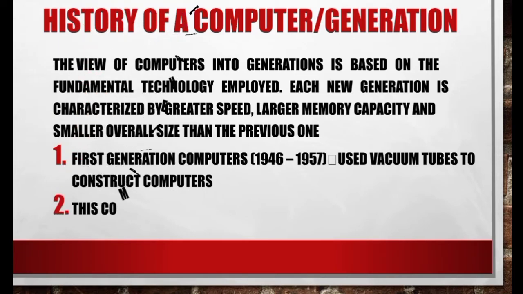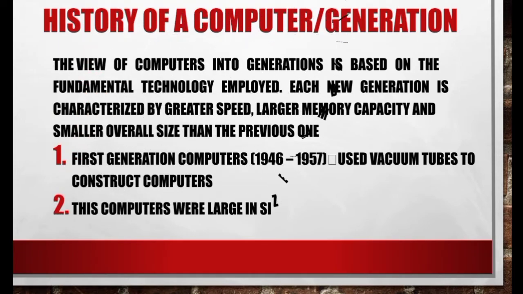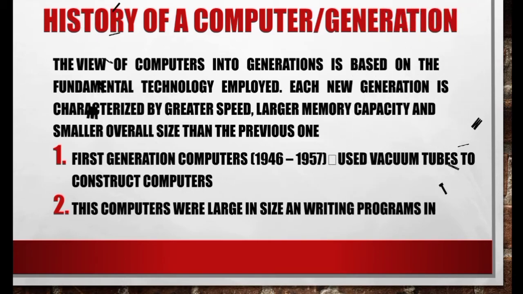We'll check today what they use to make computers. These computers were large in size, and writing programs in them was difficult. At the beginning, everything is very difficult. It's not that advanced, so they were very large in size, and writing programs in them was difficult.